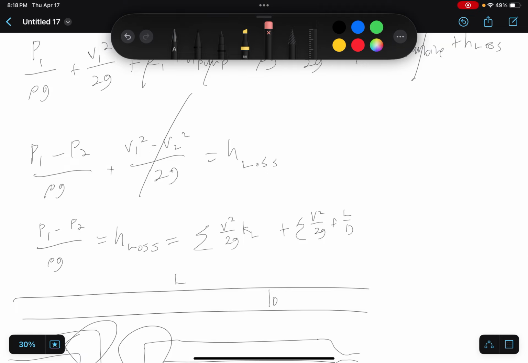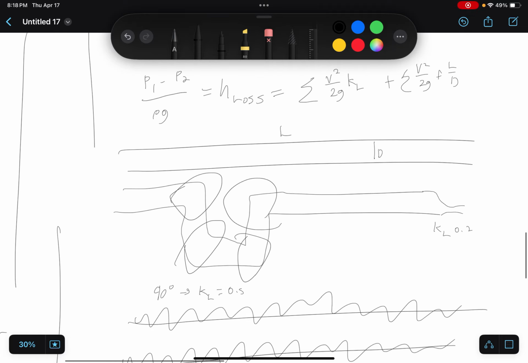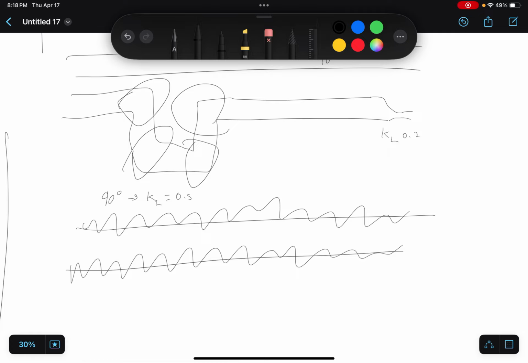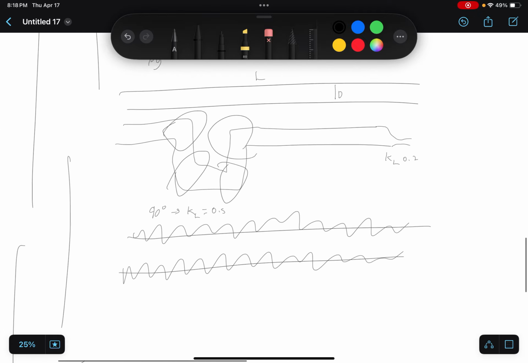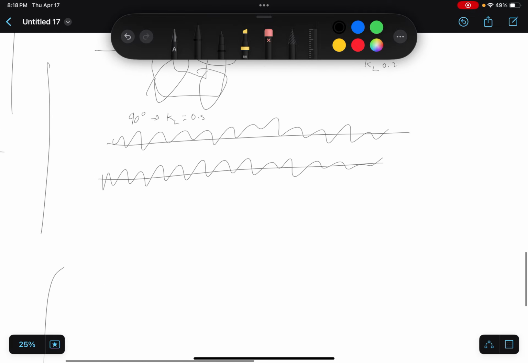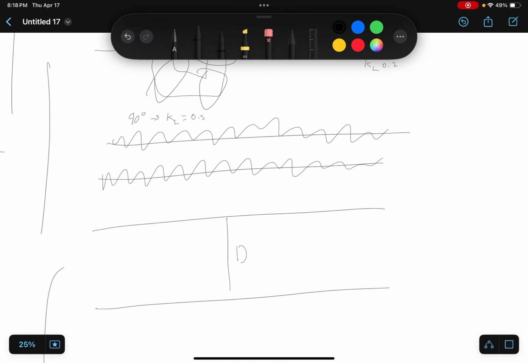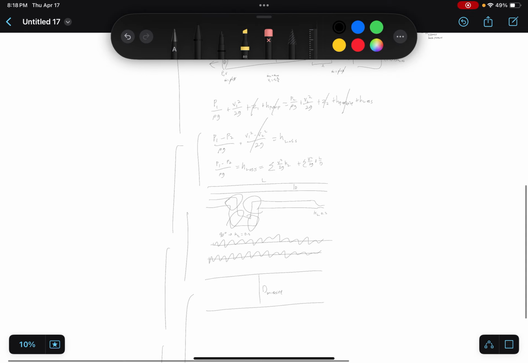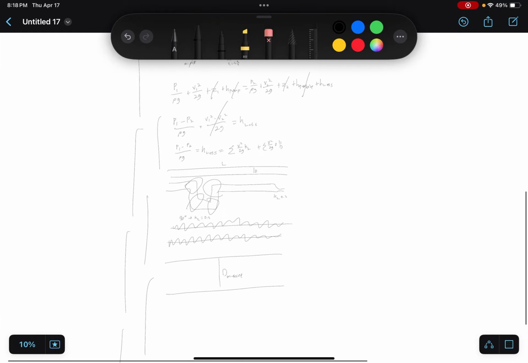So both a lot of bends and also a super rough pipe, not good. What's another example? Let's say you have a super big diameter pipe. Massive diameter pipe. Some cars have stuff like this. So what would that do?